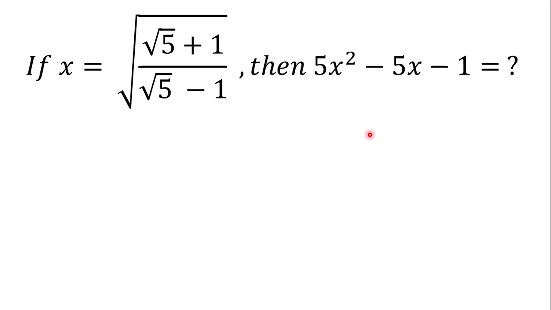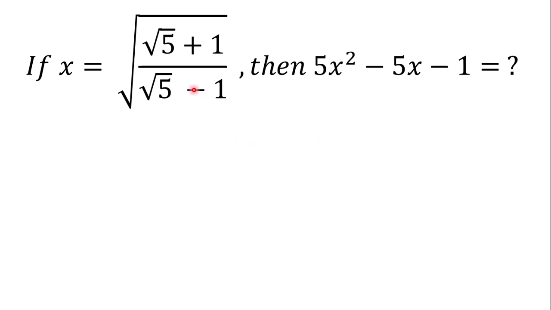Now this problem here is very simple, and there's no trick here. It's a straightforward question. All we have to do is to just pick this expression, put the value of x into the expression, and find the value at the end of the day.